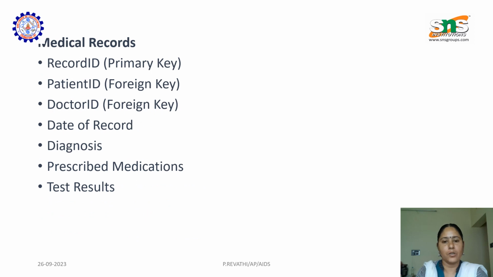In medical records, medical record is an entity. Record ID, patient ID, doctor ID, date of record, diagnosis, prescribed medications, test results. In this, record ID is a primary key, patient ID is a foreign key, doctor ID is a foreign key.